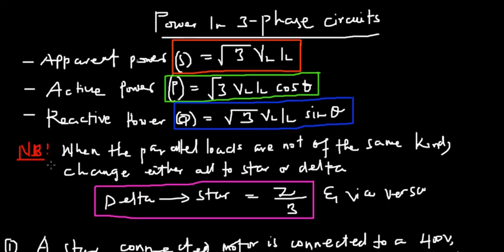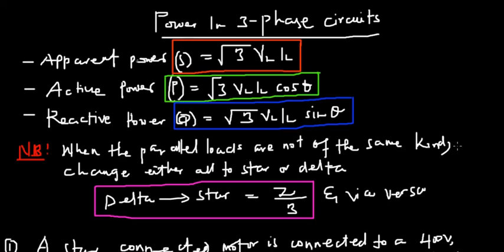Now whenever the parallel loads are not of the same kind, that's when in a question you are given both delta and star mixed together.